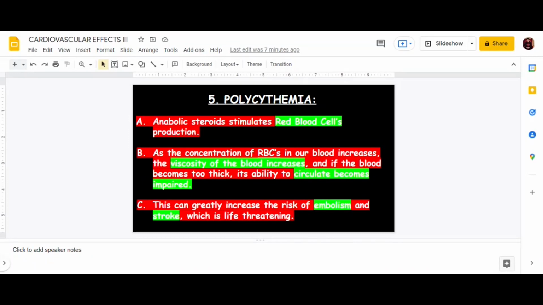Most anabolic steroids stimulate or increase the red blood cell production, especially Beta-durabolin. As the concentration of RBC increases in our blood, the viscosity of the blood will increase, and if the blood becomes too viscous, then its ability to move around will reduce, and it can increase the risk of embolism and stroke.